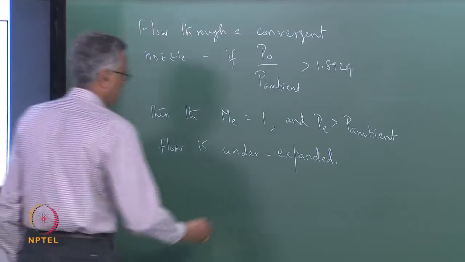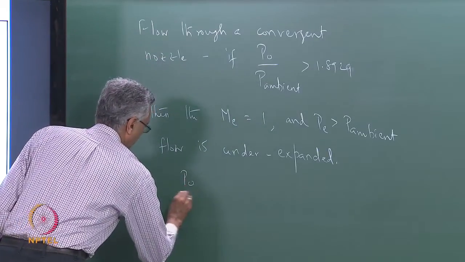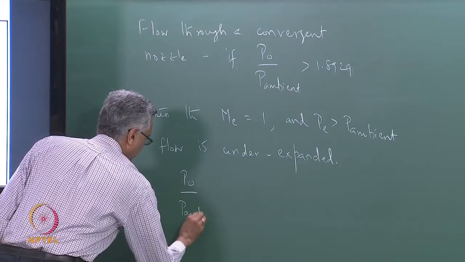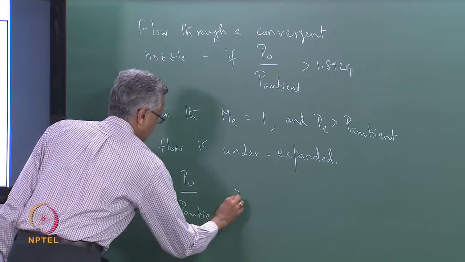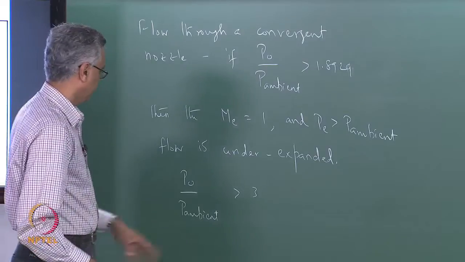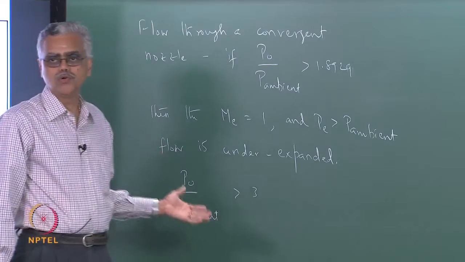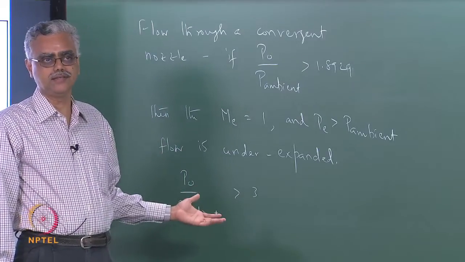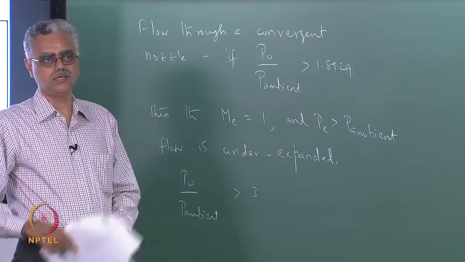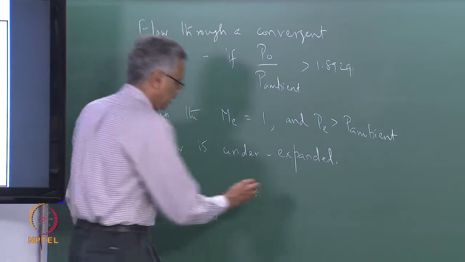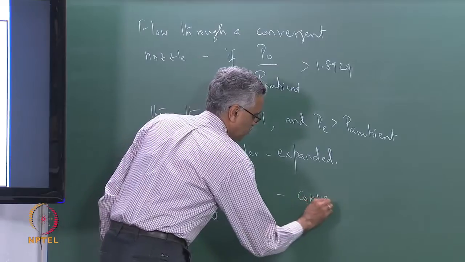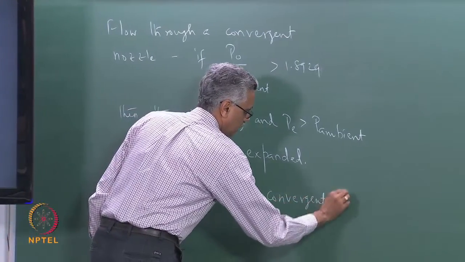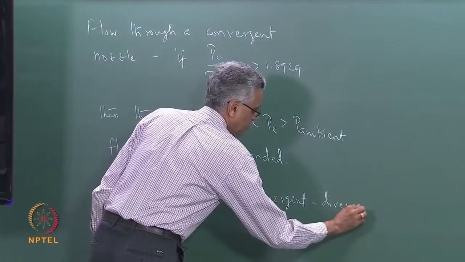So, in general, if P0 over P ambient becomes greater than 3, then it is usually preferable to have a convergent divergent nozzle rather than a convergent nozzle alone.